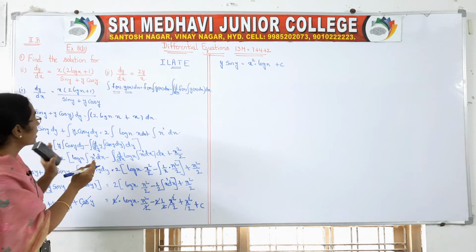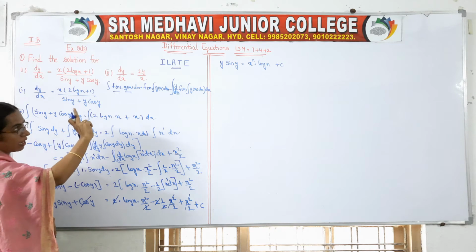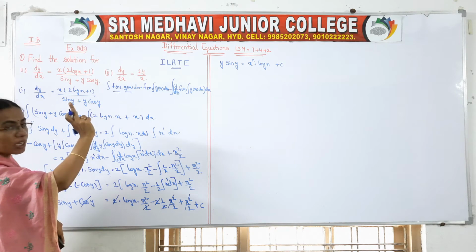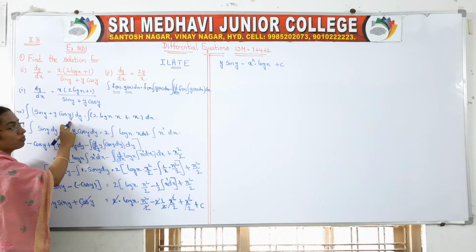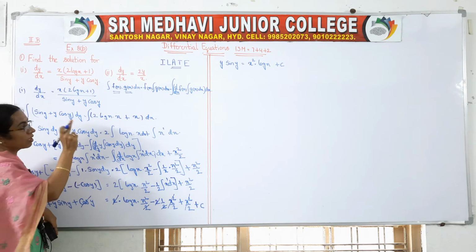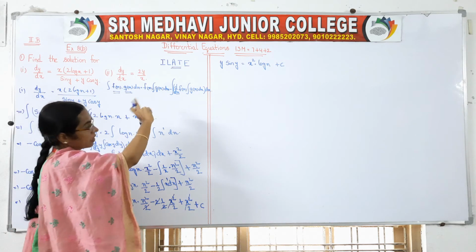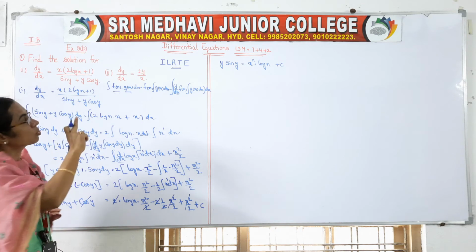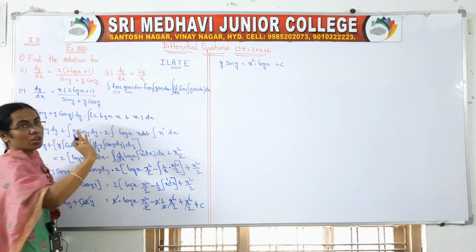So here we have algebra and trigonometry. Check whether they are in the order. Yes, first algebra comes, then trigonometry, so we can take this as f of x, this as g of x. Here we got log x into x, same thing, the logarithm term comes first and then algebra. Check whether it is in the order. Yes, so it follows the rule. You consider this as f of x, this as g of x.